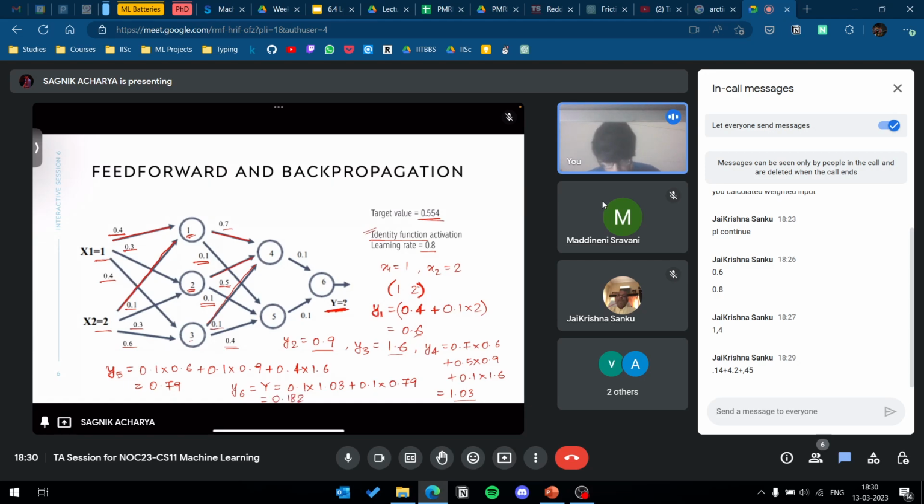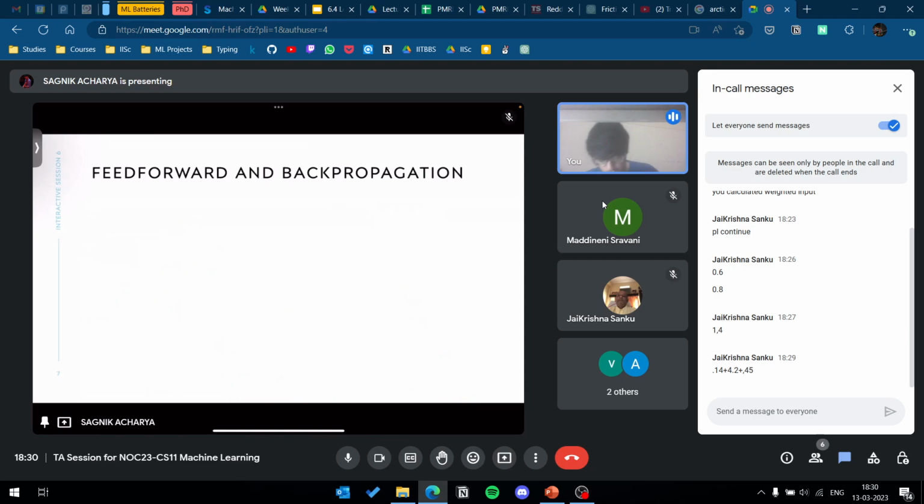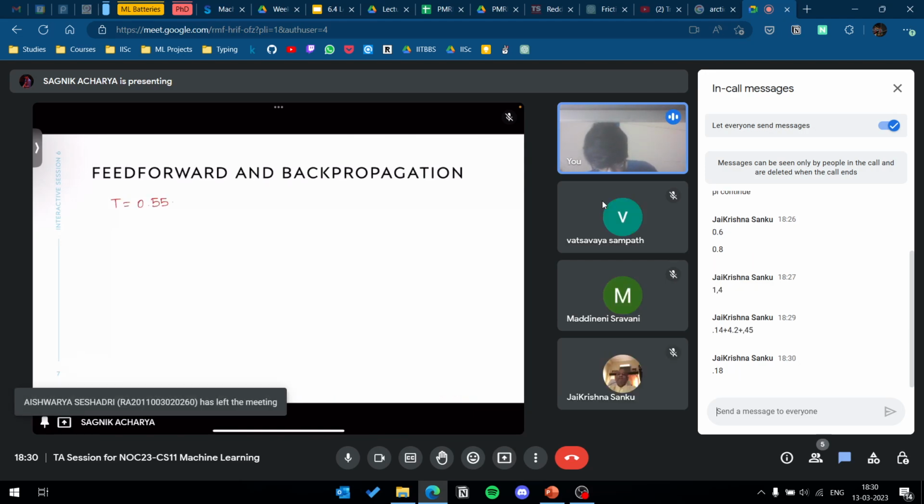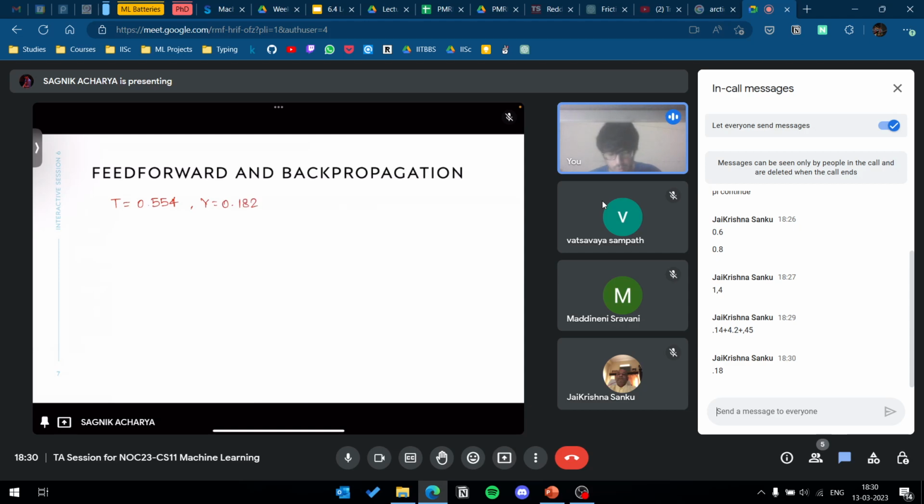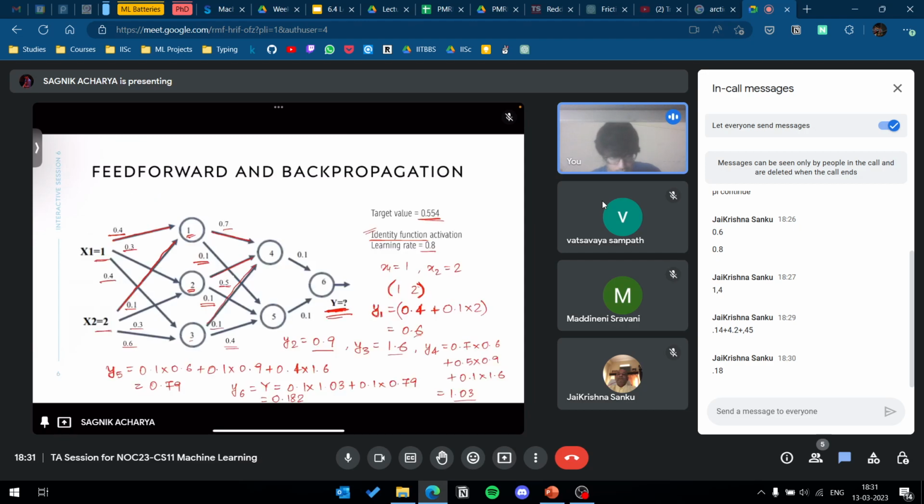Anyway, I'll write it clearly on the next page. Right now we have a target of 0.554, and our y value is 0.182. So we have gone through the forward path and arrived at the value of y. Now we need to use backpropagation to go back through this network and find all the delta values.